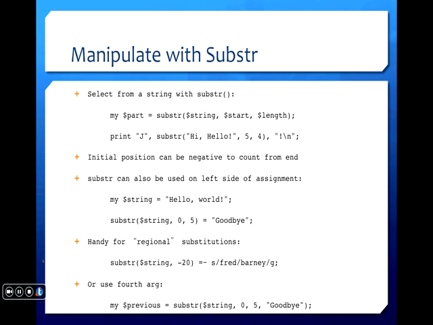The substring can also be used on the left side of an assignment. It is very weird to have a function on the left side, but it really works. So if I have a string "hello world", and I say the substring is the current string, starting from location 0 with a length of 5, substitute whatever you see from 0 to 5 with another word, goodbye.